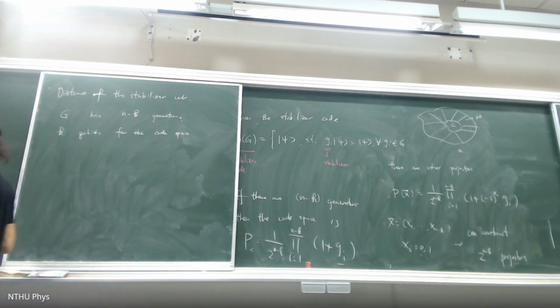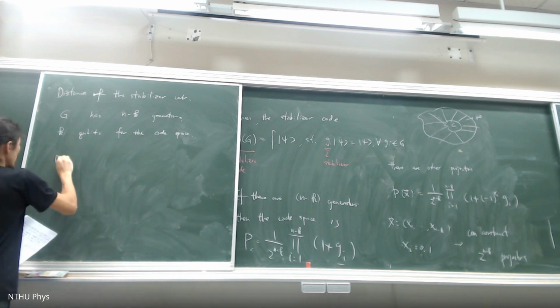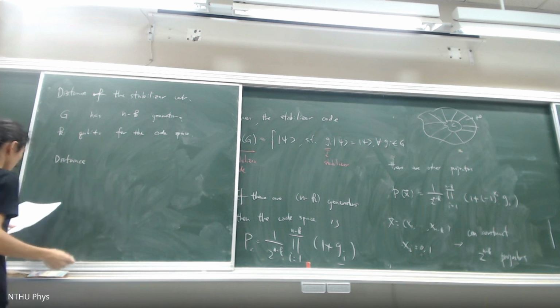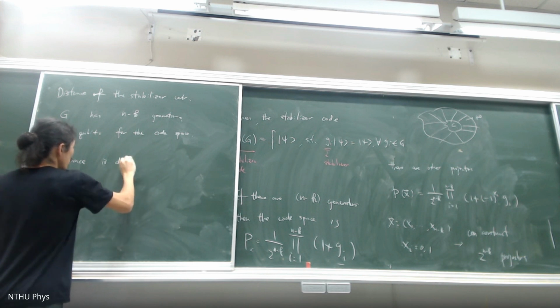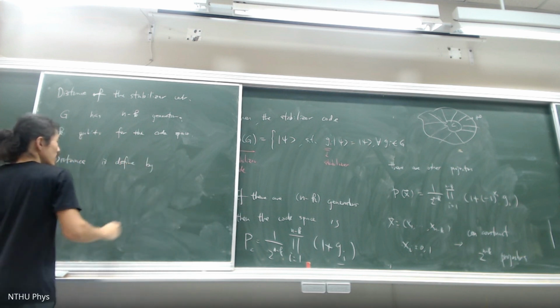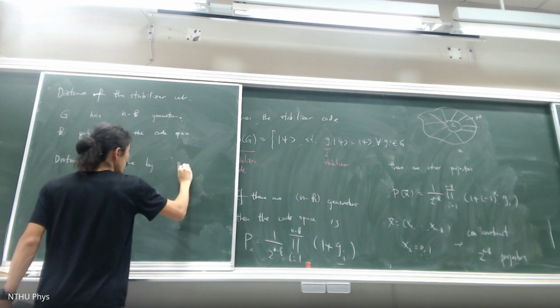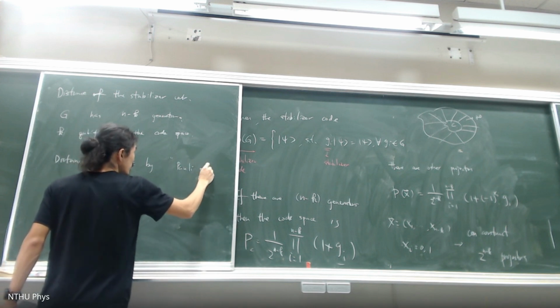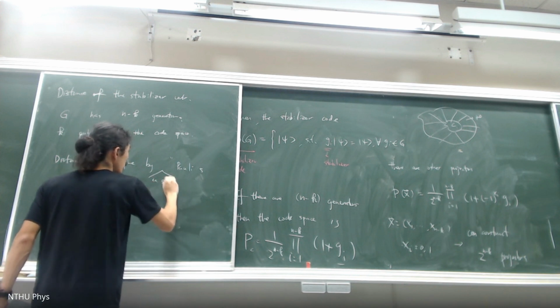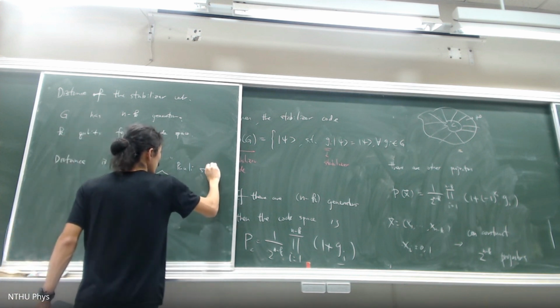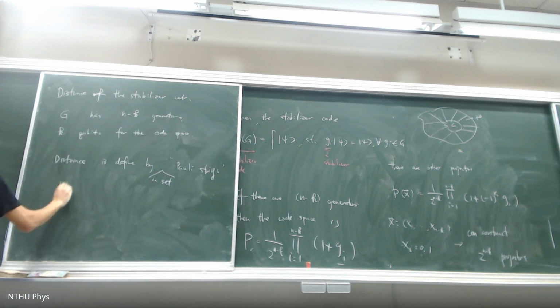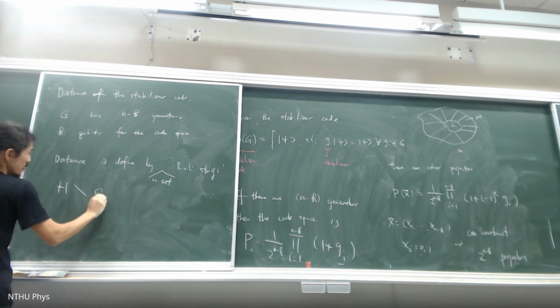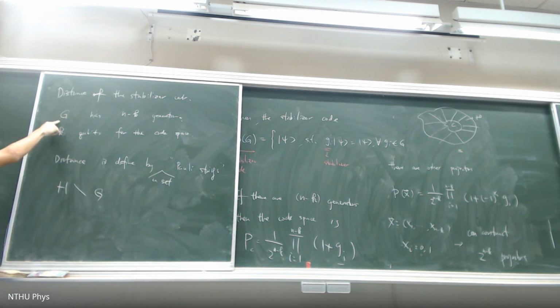So the distance basically defines some kind of error, right? The distance is defined by a set of Pauli strings, denoted by H, where I want to exclude the stabilizers.